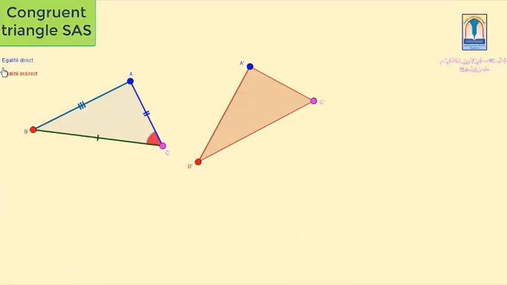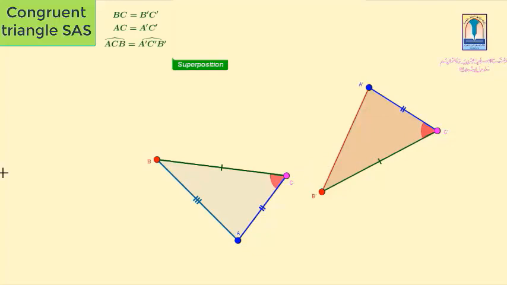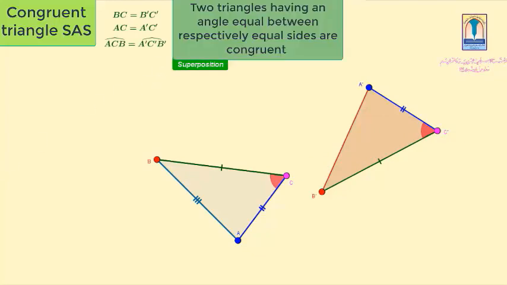Now, triangle ABC and A'B'C', we are going to prove them congruent by the method that we learned, which is side angle side. Side BC is equal to side B'C'. Side AC is equal to side A'C'. The angle included between them, which is angle ACB, is equal to angle A'C'B'.